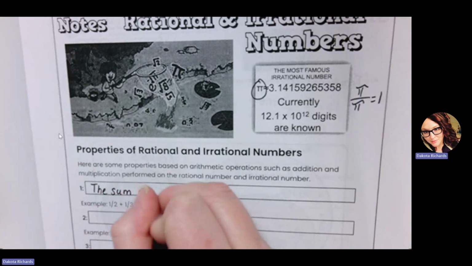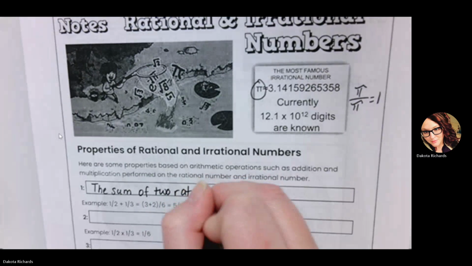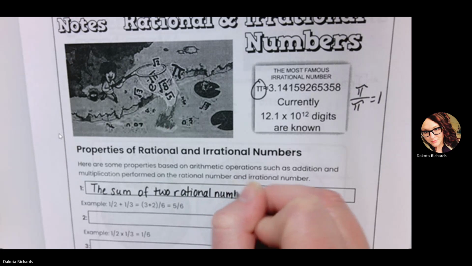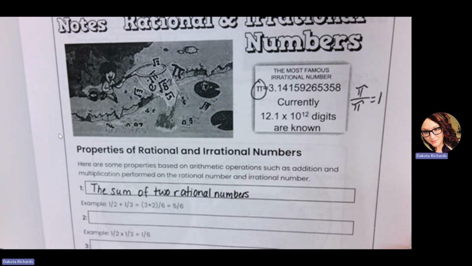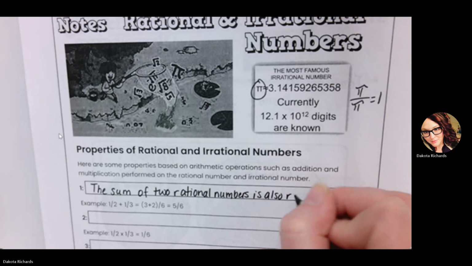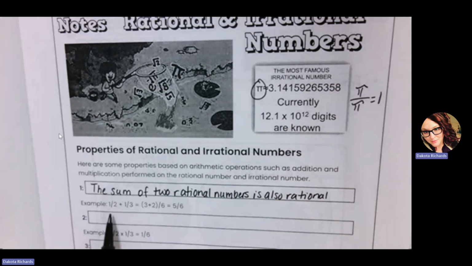of two rational numbers is also rational. So if we had 1/2 plus 1/3, that gives us 5/6. All of those are rational. Okay.